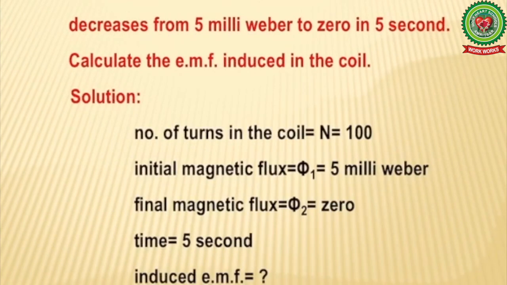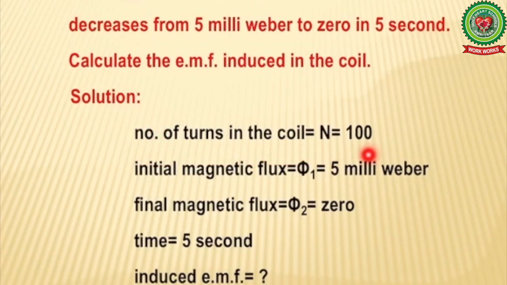Numerical number 1. The question is, the magnetic flux through a coil having 100 turns decreases from 5 milliweber to 0 in 5 seconds. Calculate the EMF induced in the coil. Solution. Number of turns in the coil is N equal to 100.